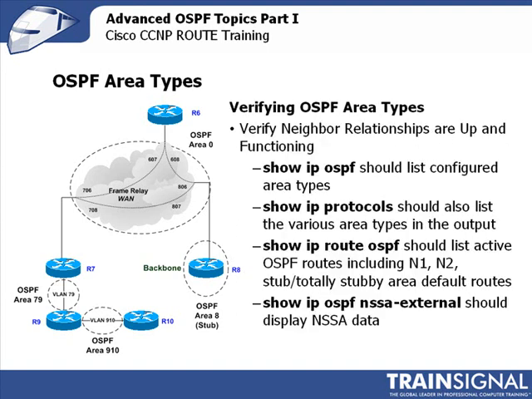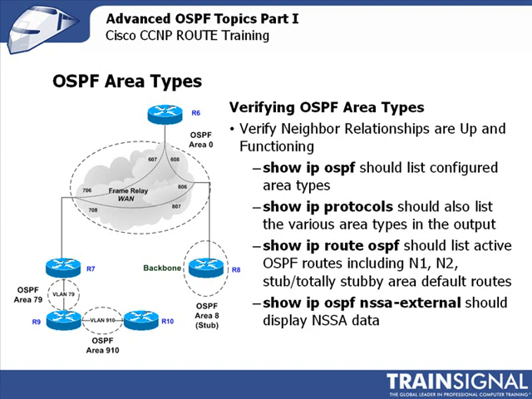So how do you verify the area types? Well, there are several commands that actually list the area type. For instance, show ip ospf without anything else after it will list configured area types. Show ip protocols will actually give a count of the types of areas, normal areas, stub areas, and so forth.